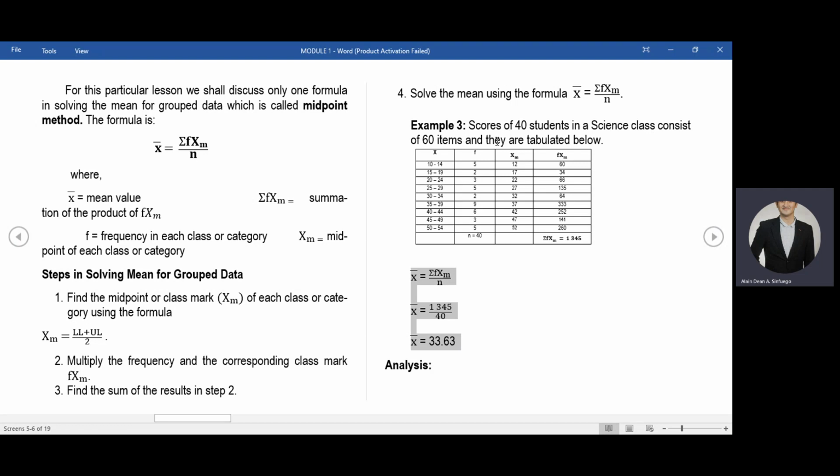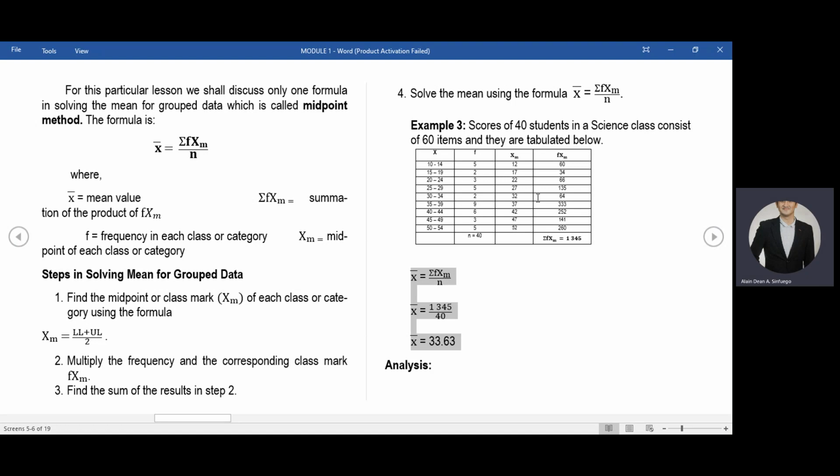By the way, in your example here, we have the scores of 40 students, categorized by a class interval size of 5. Again, it is a 60 item assessment.